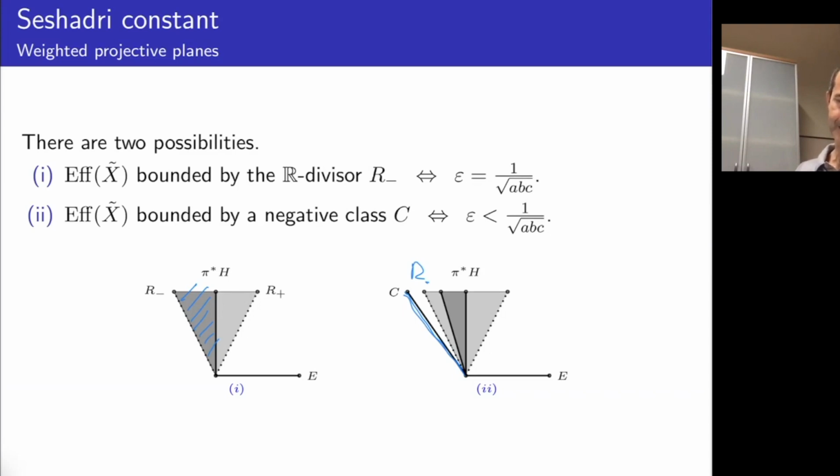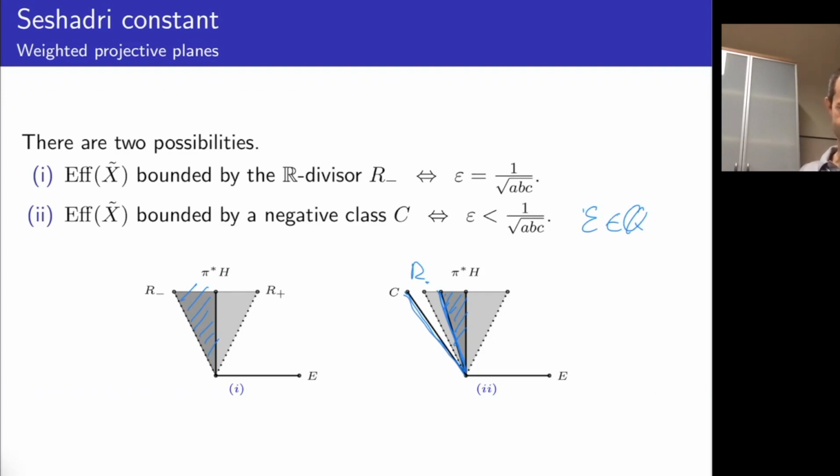By duality, the NEF cone is smaller. We have this extreme ray, which corresponds to a value of the Seshadri constant which is smaller than the biggest possible. So this corresponds to a rational Seshadri constant.